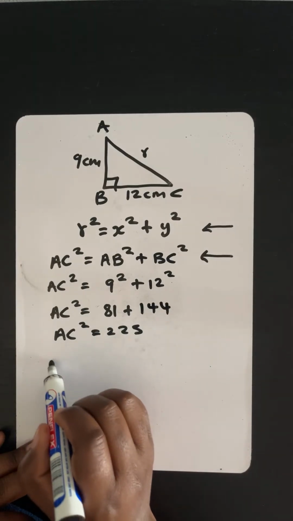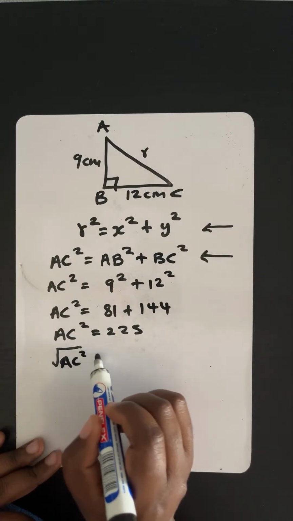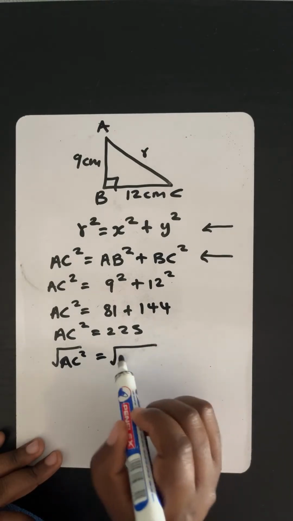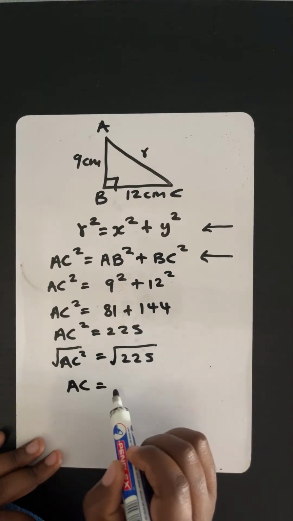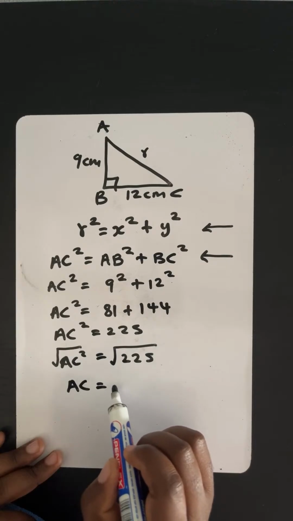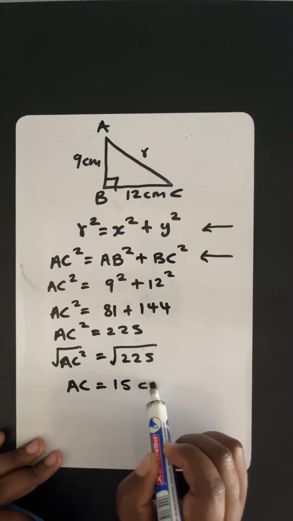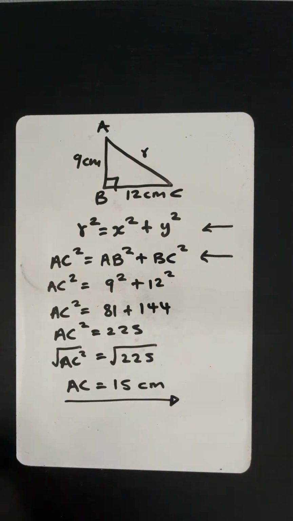Then you square root both sides. You must show it as you square root so that we know what happened to that squared. Then your AC is equal to, what did we get? We got 15. You just need to remember to say centimeters. So that's how you would work it out.